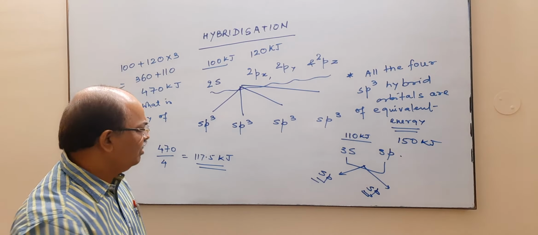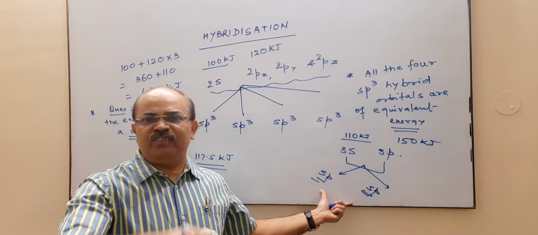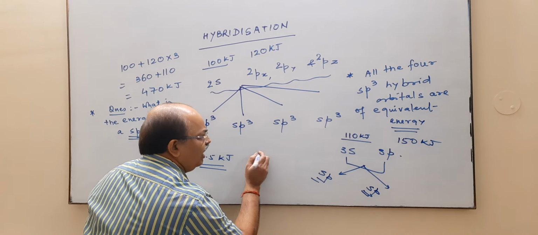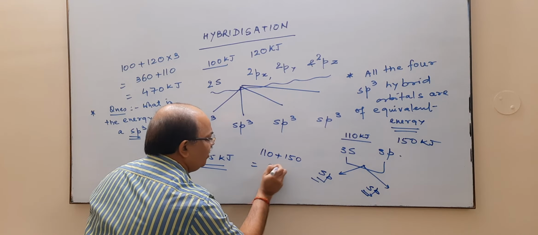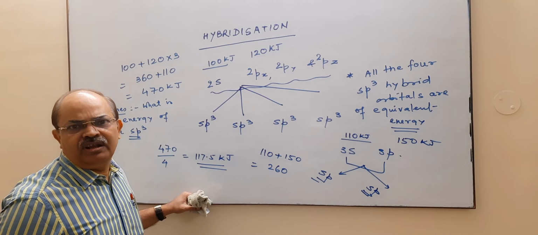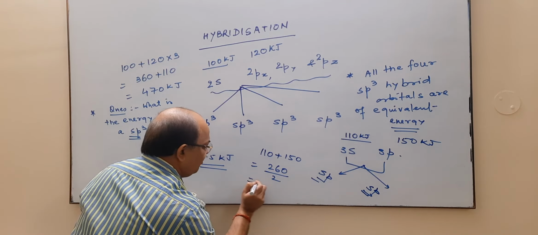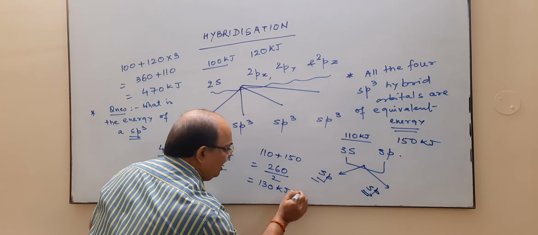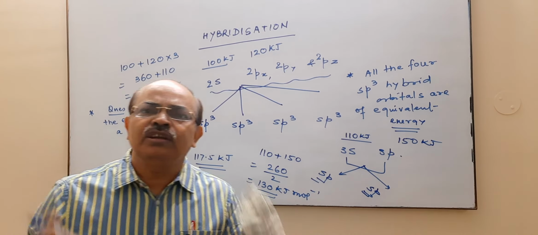Now, if somebody asks you, they hybridize to give 2 sp hybrid orbitals, then what will be the energy? आप क्या करोगे? इस 110 में 150 को add कर दोगे, it will be 260. Now there are 2 sp hybrid orbitals, आप इनको 2 से डिवाइड कर दो. So the energy of each sp hybrid orbital is 130 kilojoule.